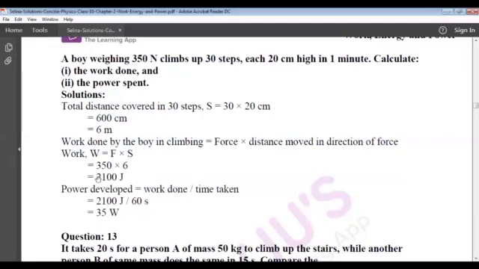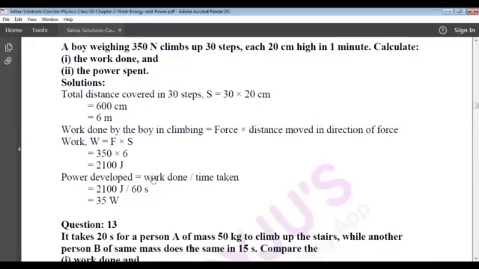So therefore, work done is 2100 joule. Now we need to find the power developed. Power developed is nothing but work done divided by time taken. Work done is 2100 joule and time taken is 60 seconds. So therefore the power developed is 35 watt.